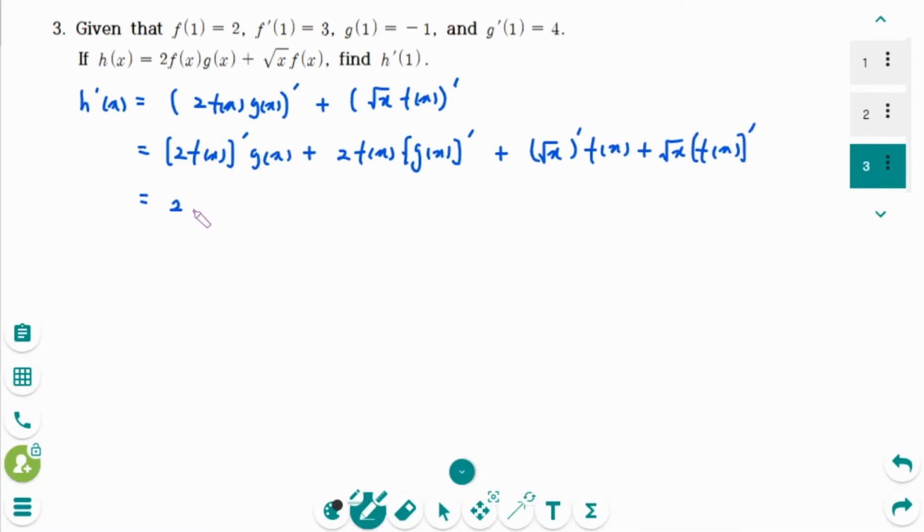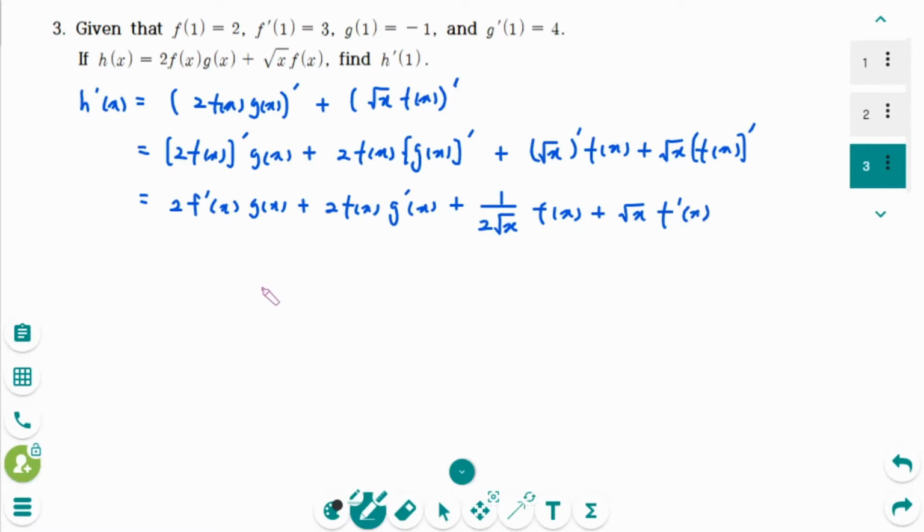So 2 f prime of x times g of x plus 2 f of x g prime of x plus 1 over 2 square root of x times f of x plus square root of x times f prime of x. Put x equals 1 into h prime of x.